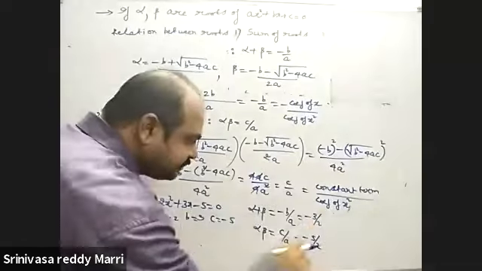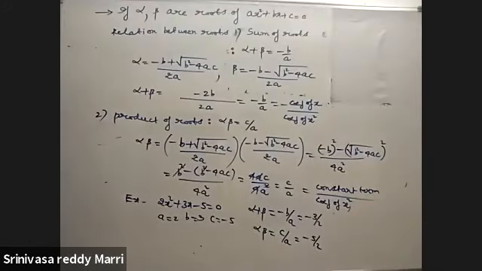Depending on this, problems will be there. Okay, now we are going to the problems on the relation between the roots. Today, what I want to discuss are problems regarding roots of ax square plus bx plus c equal to 0 and the relations between the roots, alpha plus beta and alpha beta.